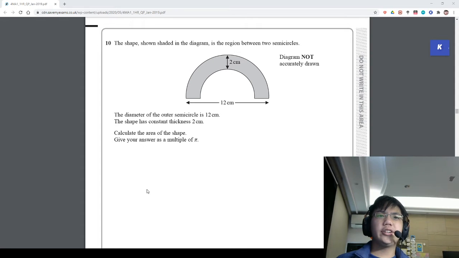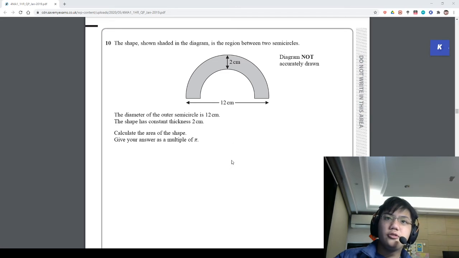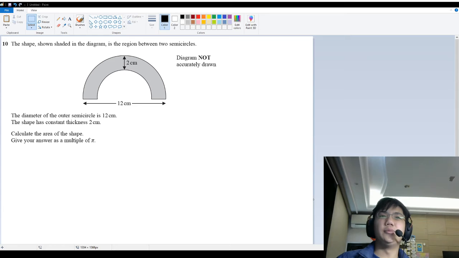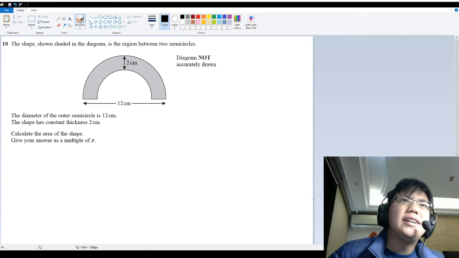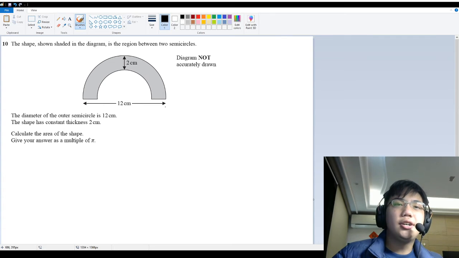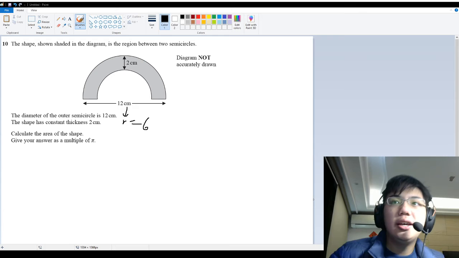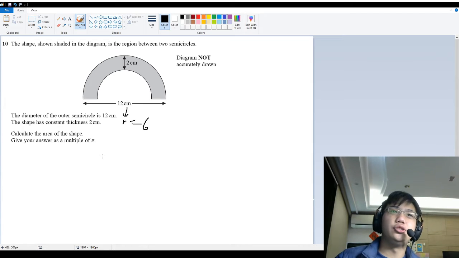So to figure this out, first we should find the area of this outer circle, if it were an entire circle with diameter of 12, which means a radius of 6, as the radius is half of the diameter.